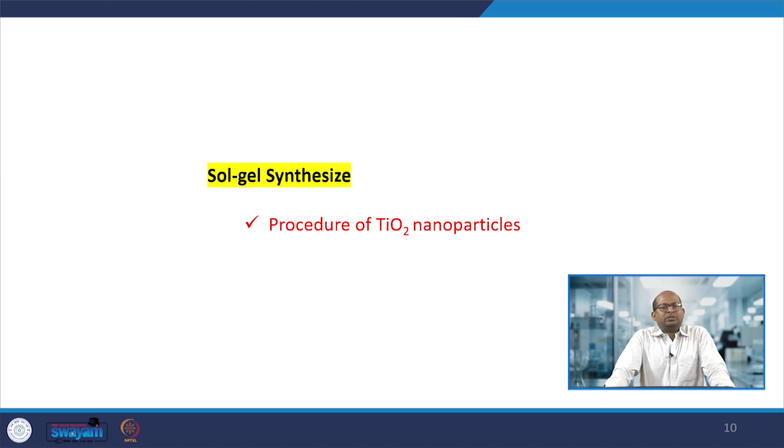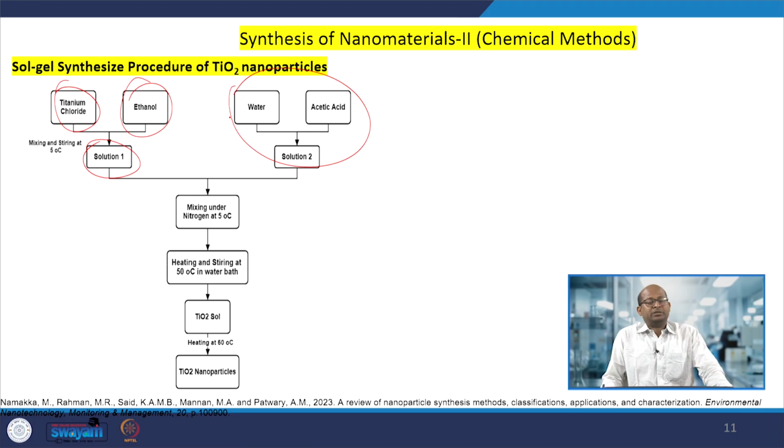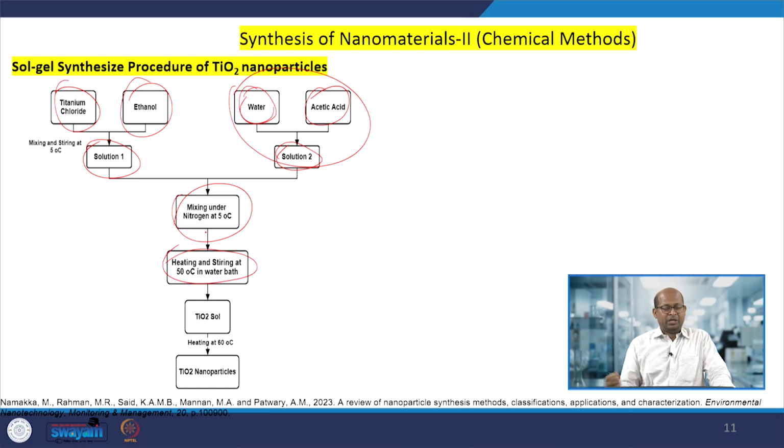So, next, using these sol-gel techniques, titanium dioxide nanoparticles can be synthesized, which we will discuss. These materials are usually used in photocatalytic reactions. Here we have to start with a precursor, titanium chloride, and make a solution, and in another beaker we can make another solution by mixing acetic acid in water, and then both will be mixed at low temperature and then heated with stirring.